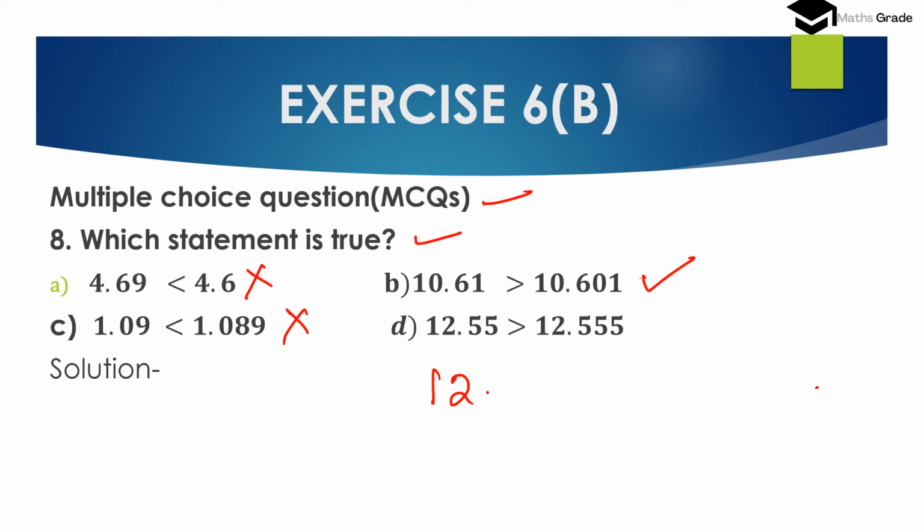Both have 12 in the whole part, and 5, 5 are equal. Here 5.50 and here 5.55. 0 is less than 5, but here the greater than symbol is given, so this is also incorrect.